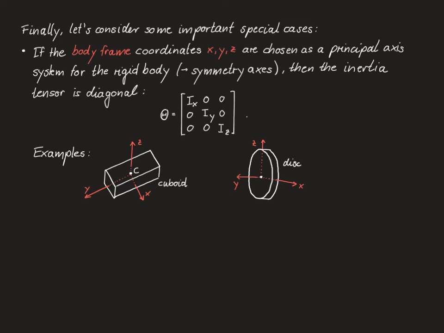In particular, if we happen to look at a body that has a symmetry axis, like in these two examples here of a cuboid and a disk, then this principal axis system happens to be equal to the symmetry axes of these rigid bodies, as shown for these particular body frame coordinates x, y, and z for the cuboid and the disk here.